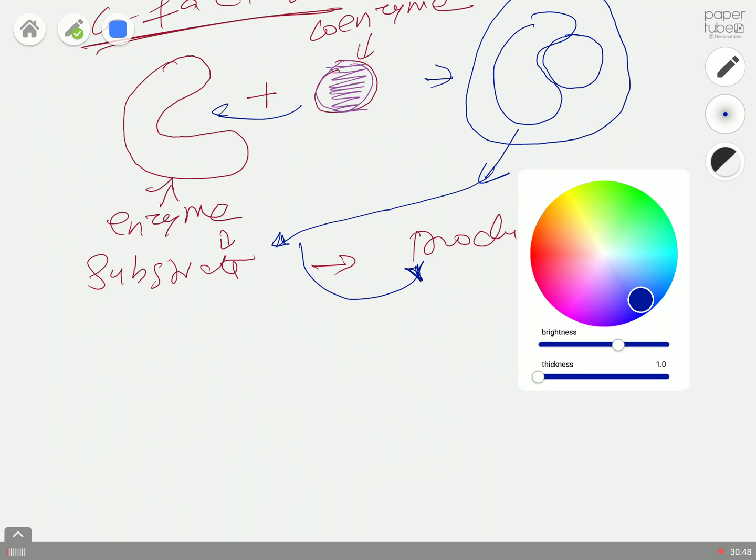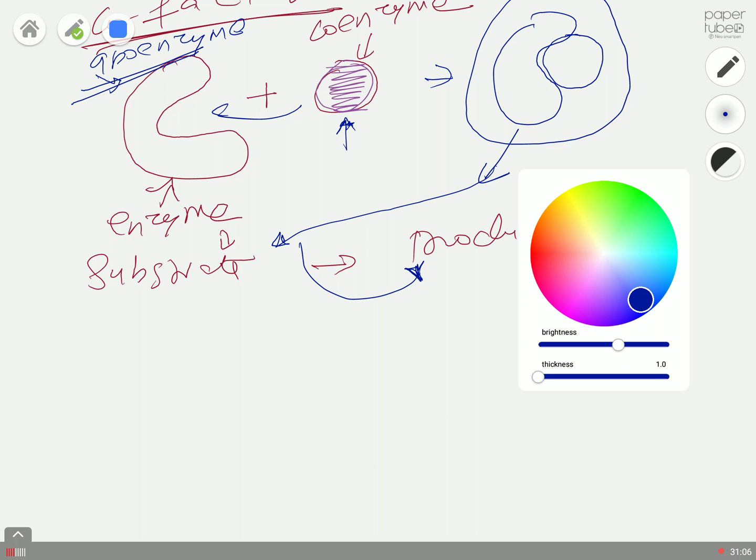So in this case, we call this part the coenzyme, and we call this part the apoenzyme. Some people call it a cofactor.